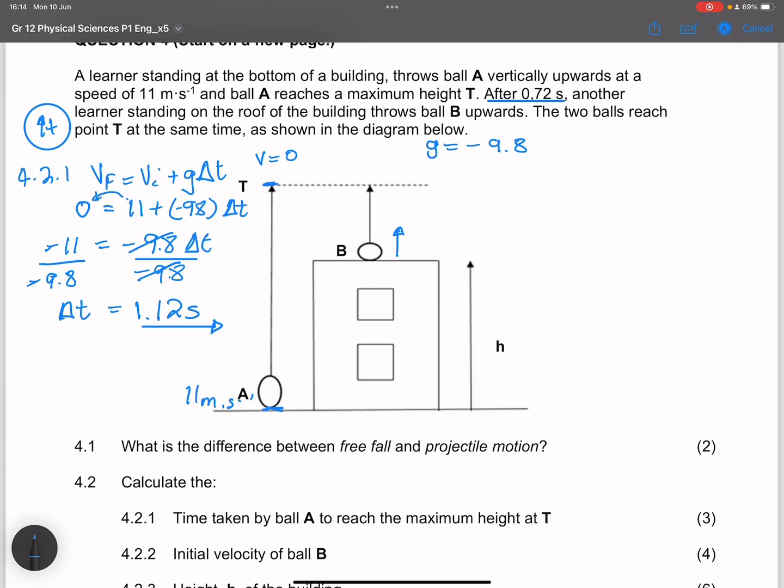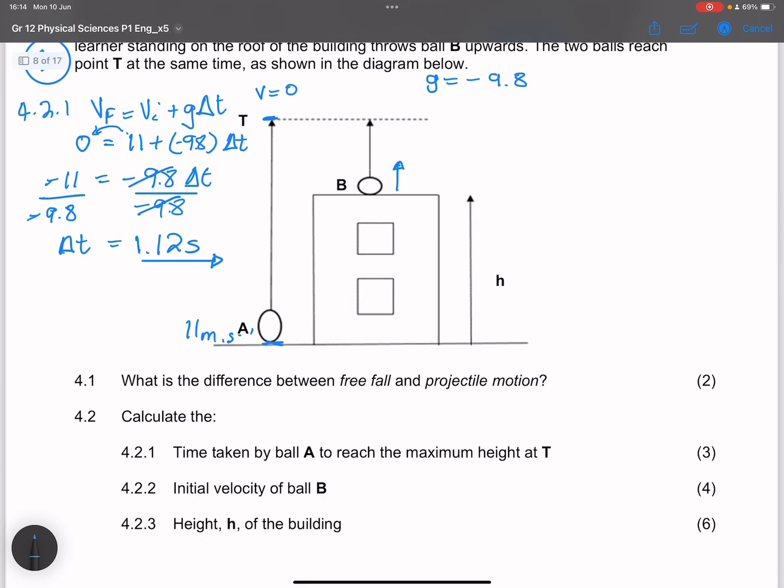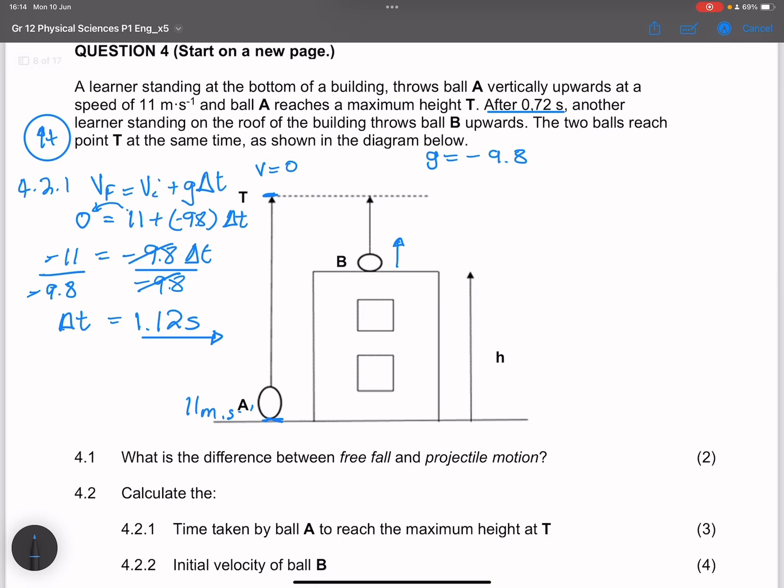Right, now let's go to the next question. They say to us, calculate the initial velocity of ball B. Now I want you to note, ladies and gents, that ball B was thrown 0.72 seconds after ball A. Remember, they get to this point simultaneously, right?